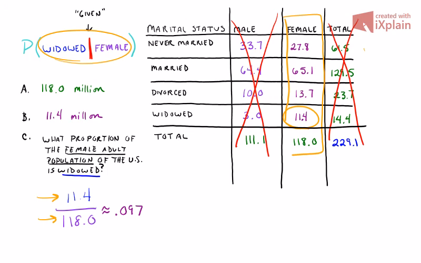What I want you to note is at this stage in the game, I'm not necessarily expecting you to be able to identify the probabilities as marginal, conditional, and joint. What I am expecting you to do is essentially reading comprehension. I want you to be able to read those questions and decide where you are going to go in order to get the information to help you answer your questions.